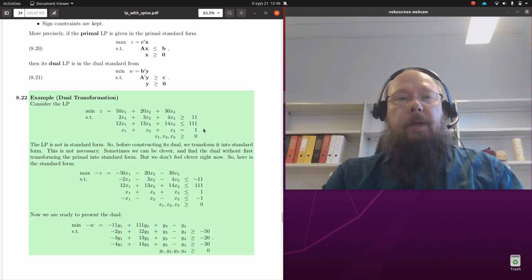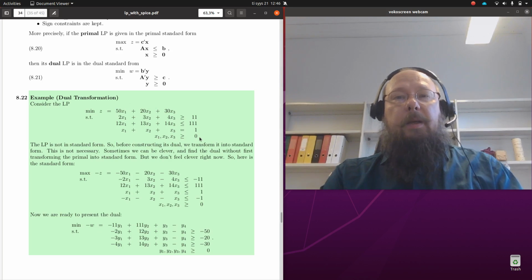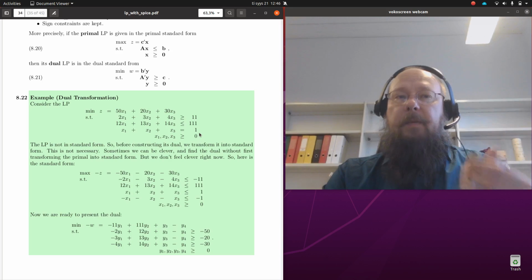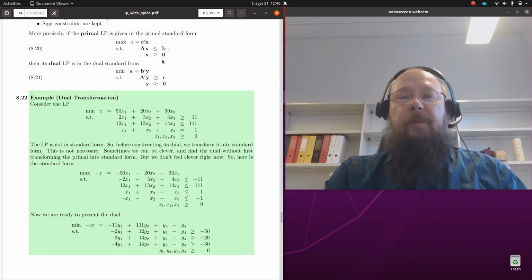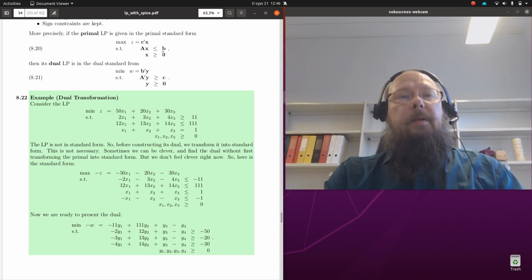Usually if the primal is given in a non-standard form, it is a good idea to transform it into a standard form. Then we have something like this. And from the standard form, it's relatively straightforward to construct the dual.